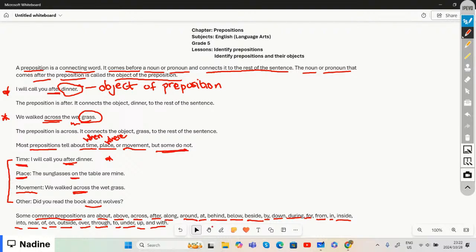All right. So once again, we said a preposition is a connecting word. And our preposition comes before a noun or it comes before a pronoun. And remember, a pronoun basically just takes the place of a noun. So a preposition comes before a noun or a pronoun, and it connects it to the rest of the sentence.